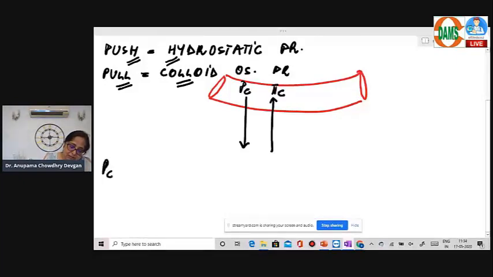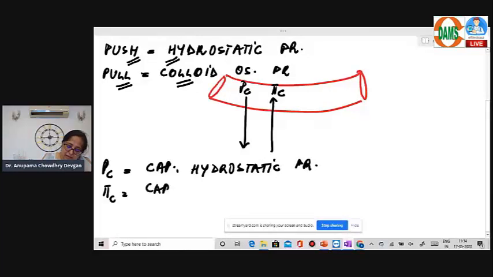Pc is the capillary hydrostatic pressure. And pi c is the capillary colloid osmotic pressure.